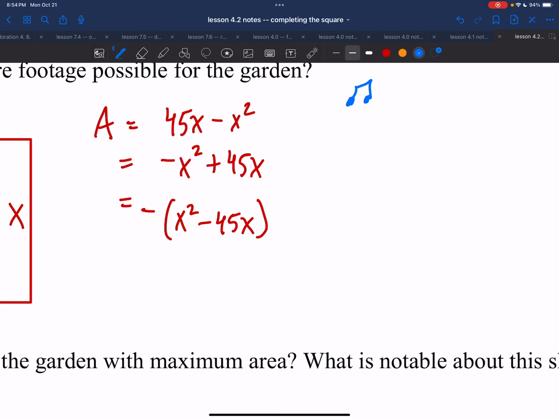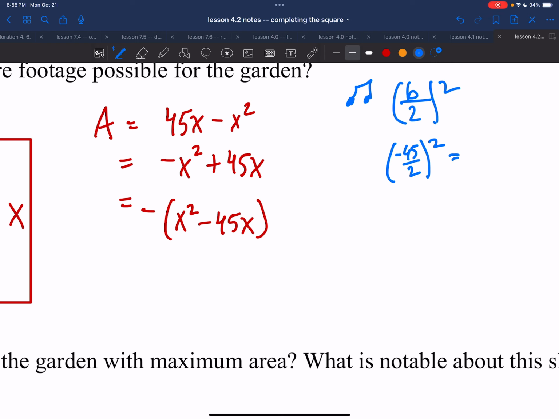You take the b guy, divide him by 2, then square it, right? And so you say, okay, what I'm going to do is take negative 45, the b guy, divide him by 2, and square it. So what does that come out to be? Well, you've got to square it, and I don't really want you to use a calculator.